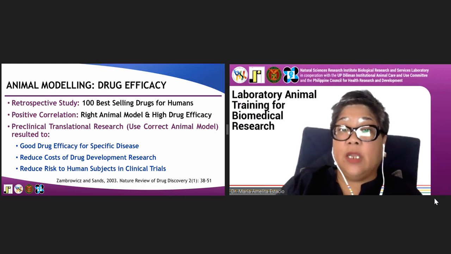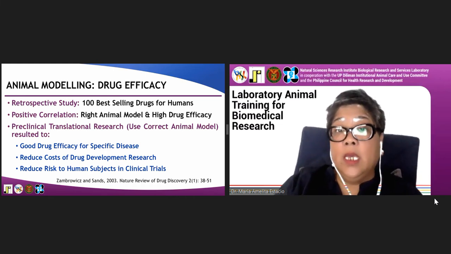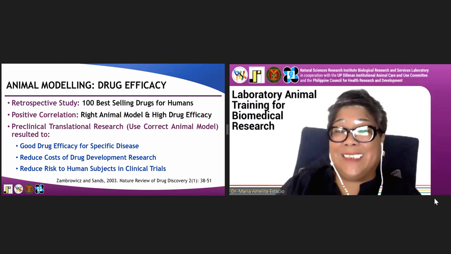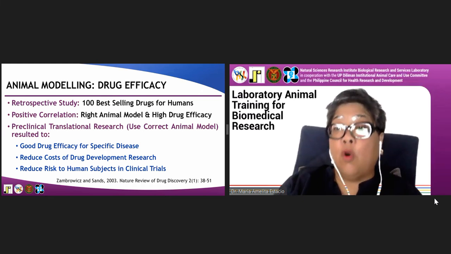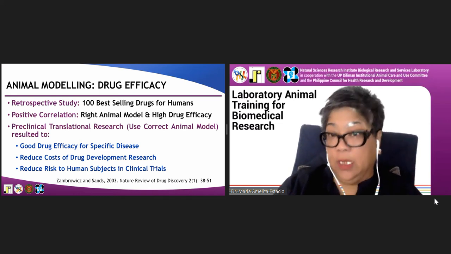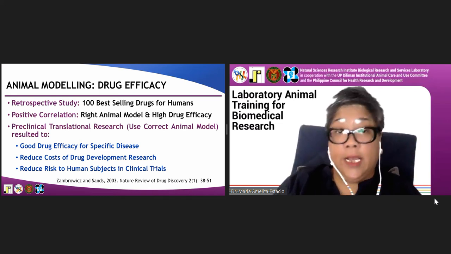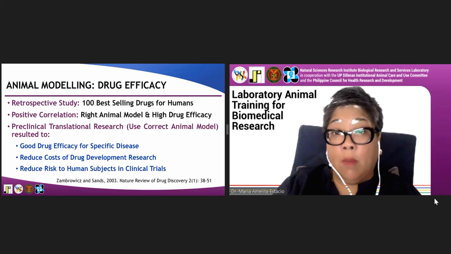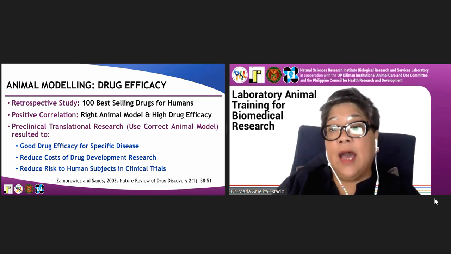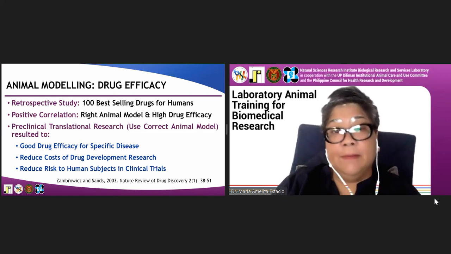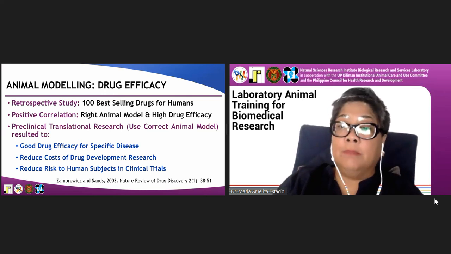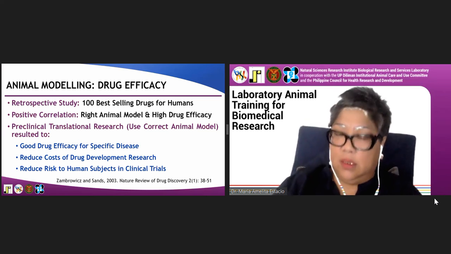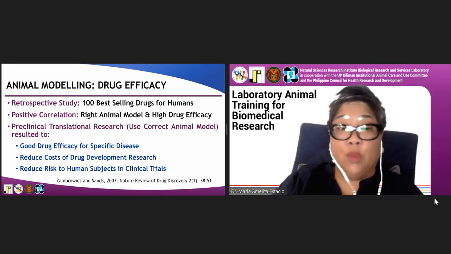This is a retrospective study that was done on the 100 best-selling drugs for humans, and it is addressing a specific disease condition. Based on this review article, they were able to see the positive correlation between using the right animal model and the high drug efficacy that was stated in this review article.